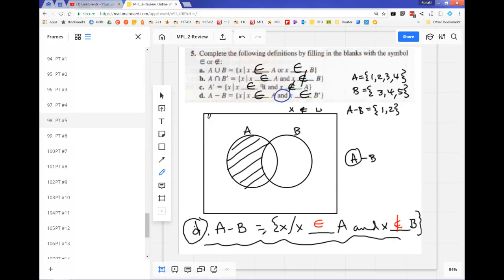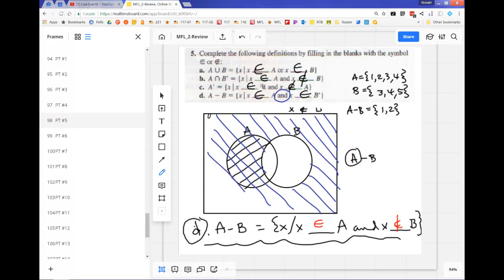If I drew outside of B on here, it would look like this. Now the question is, if you take the two kinds of shading, where do they overlap?